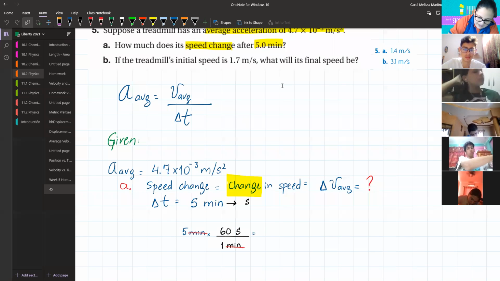So in total I have 300 seconds. This is the delta t for part A.